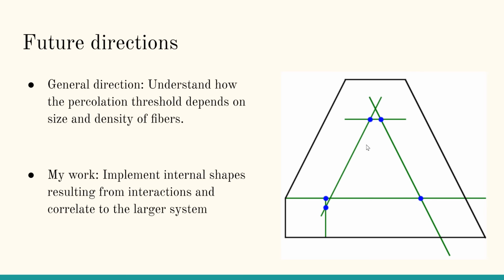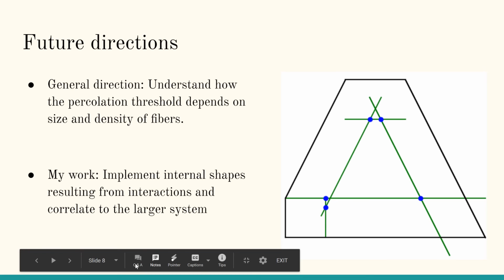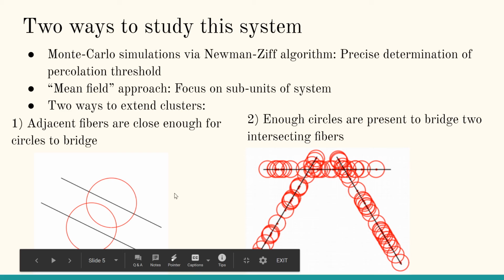I believe it will be important to track this white space that's in between the green lines, specifically because if we go back to a previous slide, we will notice that as we decrease the size of the fibers, then the percolation behavior of the circles will start to take over.